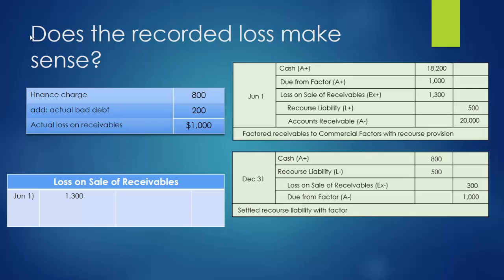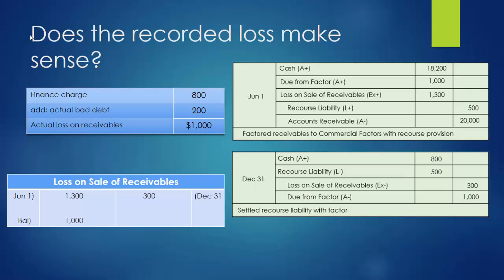In the December 31st entry, when we found out that the bad debt contained within those receivables was less than even we were estimating, we reduced our loss by the difference, which was $300. So what is the outstanding balance of loss on sale of receivables just from these two transactions? It's $1,000, which was our actual loss.